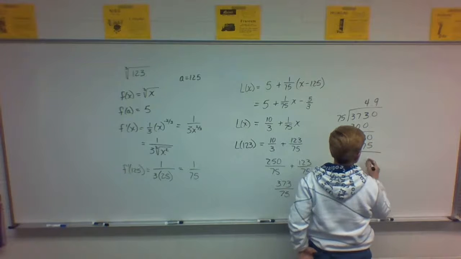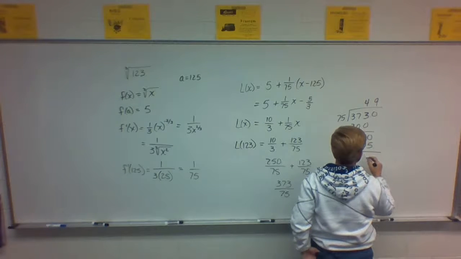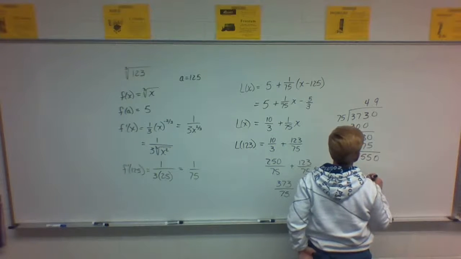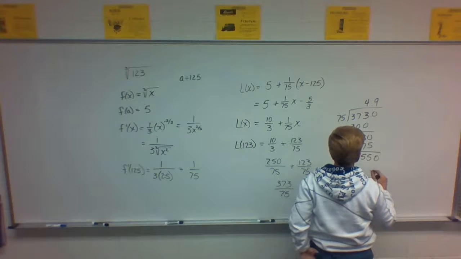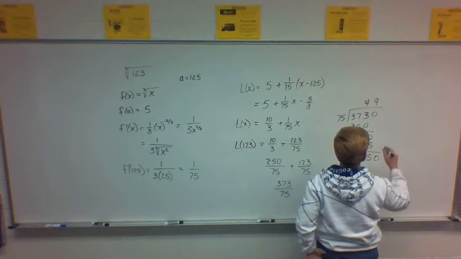And that difference is 55. Bring down another 0, 550. 75 into 550 is 7 times.